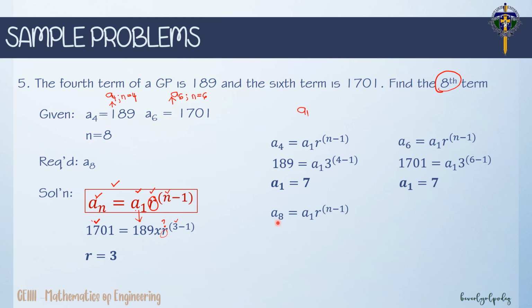The eighth term is unknown, the first term we already solved to be 7, r we already solved to be 3, and n is 8. So substituting, the eighth term is equal to 7 times 3 raised to 8 minus 1. And our eighth term is 15,309. This is now our answer.